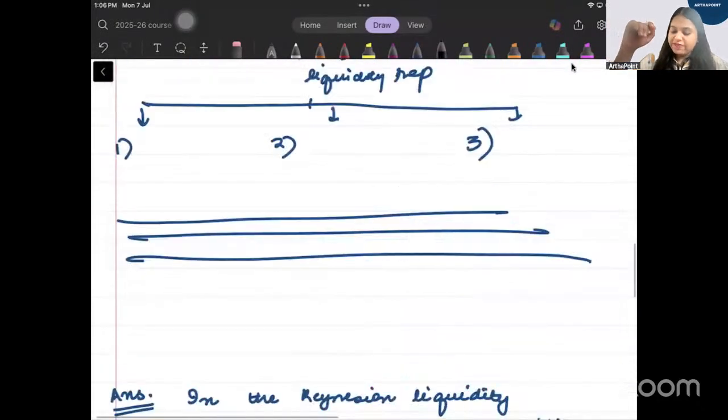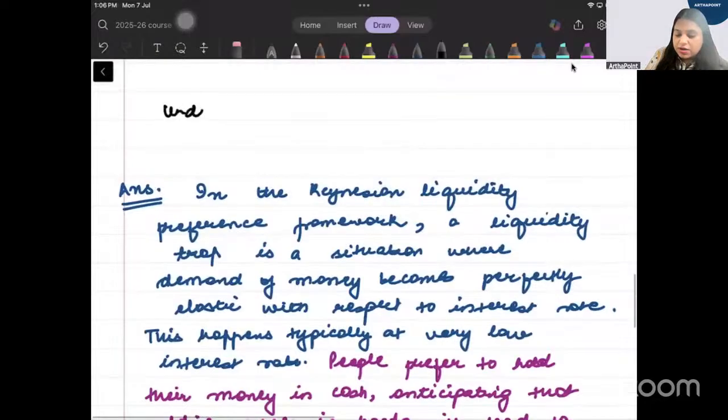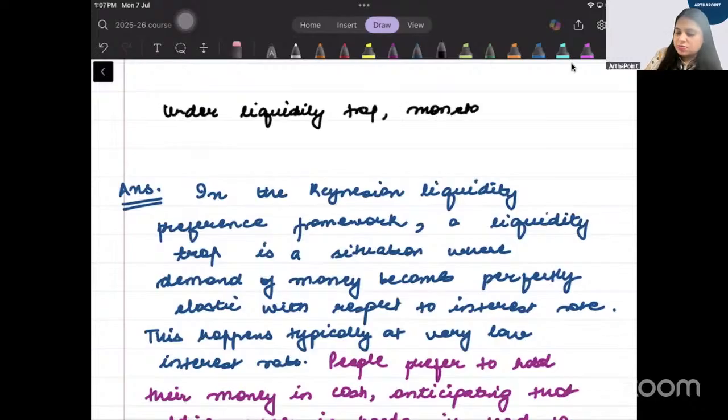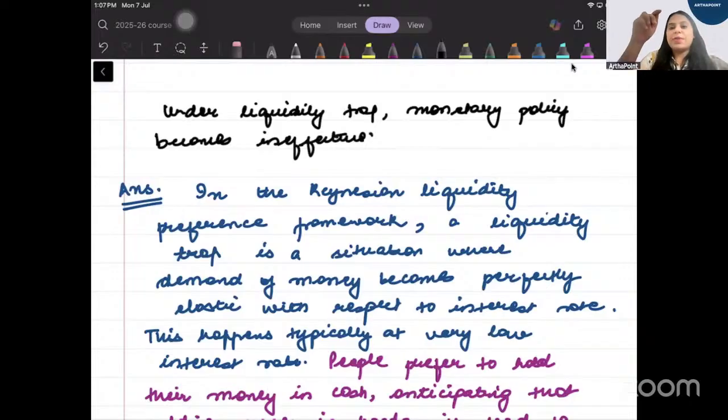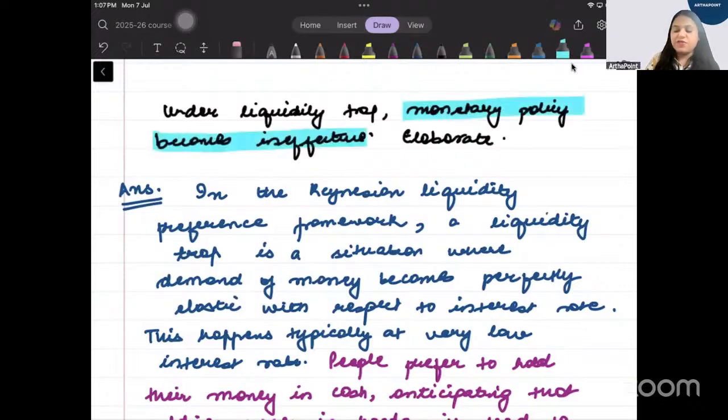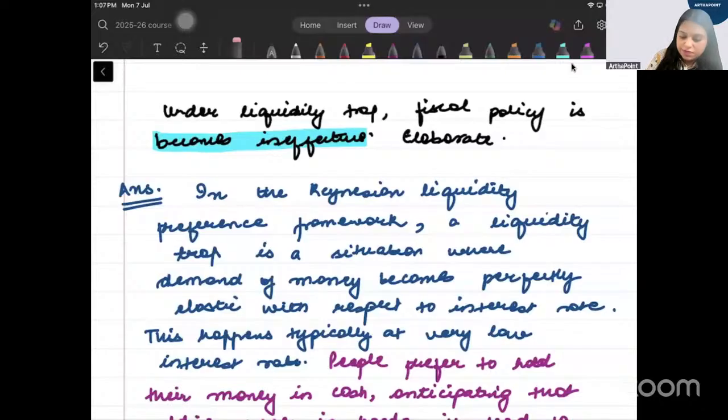If my question would have been this, that under liquidity trap, monetary policy becomes ineffective. Liquidity trap is a situation where monetary policy becomes ineffective. Elaborate. So here it is asking you to show that monetary policy is ineffective, right? Or if they say that under liquidity trap, fiscal policy is most effective.